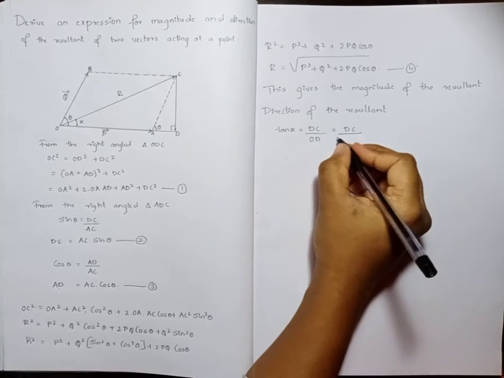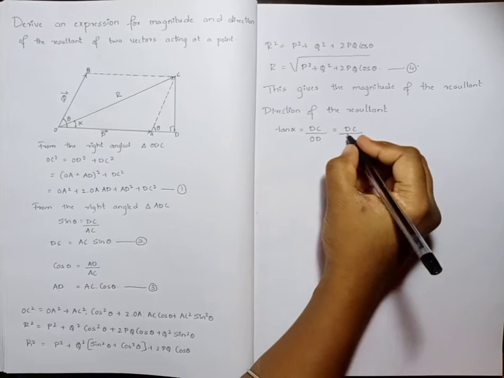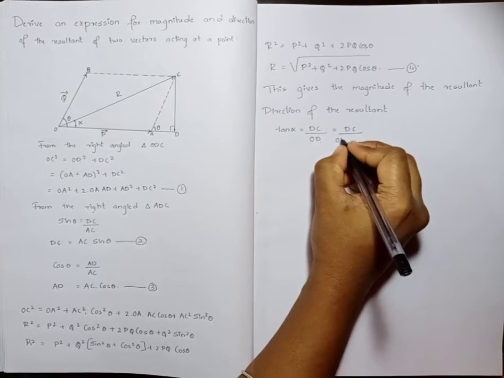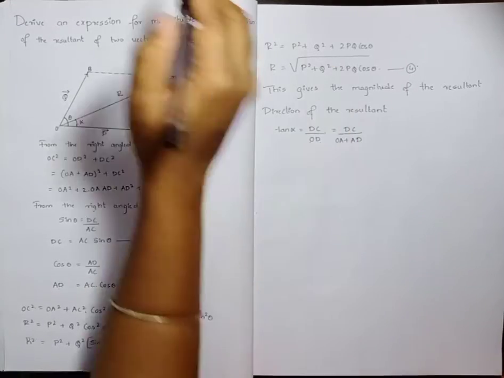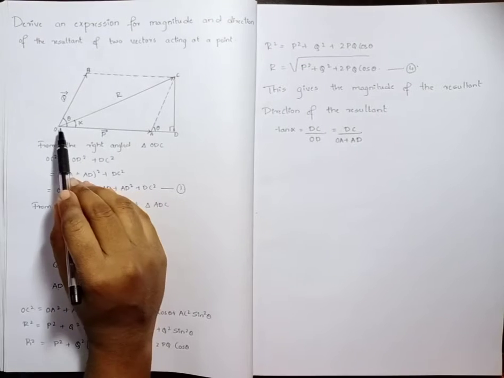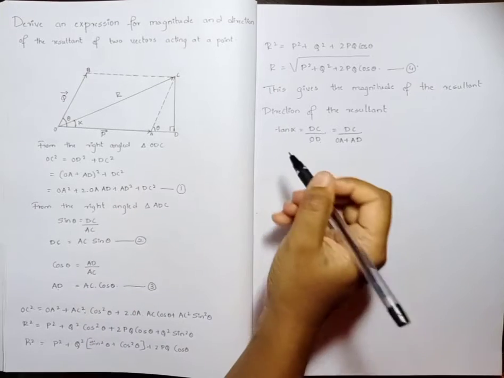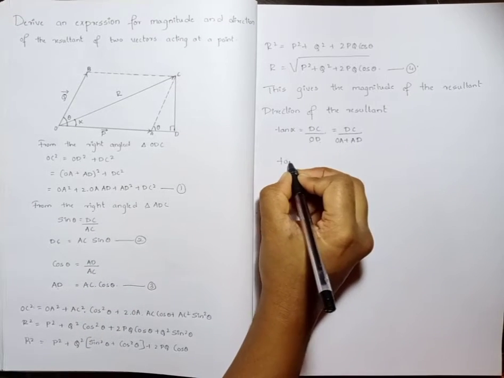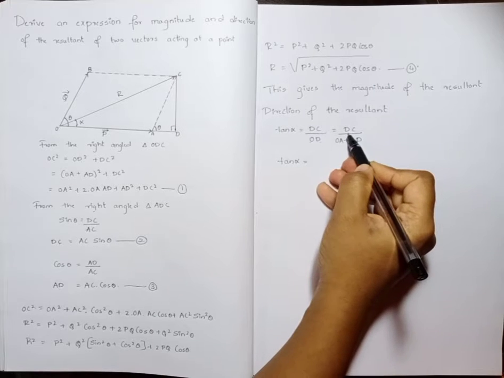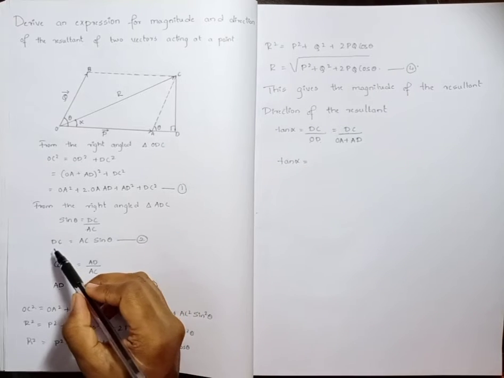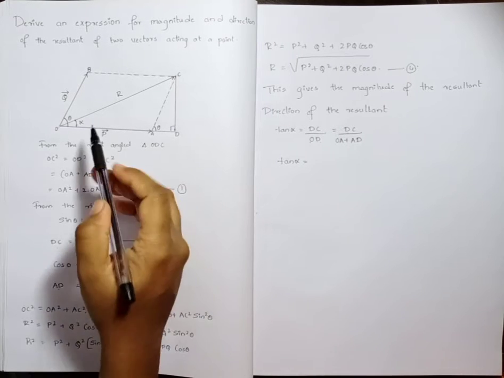This OD we can write as OA plus AD. So tan alpha again, what is DC? DC is AC sin theta. What is AC?